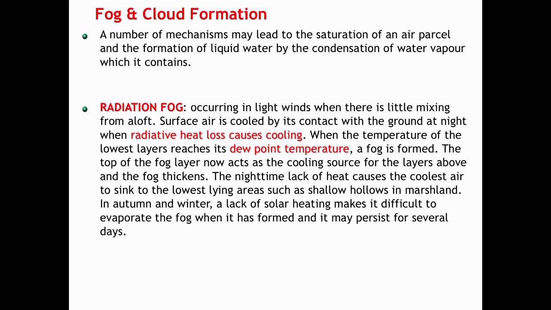That's how you get to a radiation fog. Now as it thickens, the top of the layer acts as the cooling source for the layers above, and you get deeper and deeper fogs. And these can persist for a long time, in wintertime particularly.